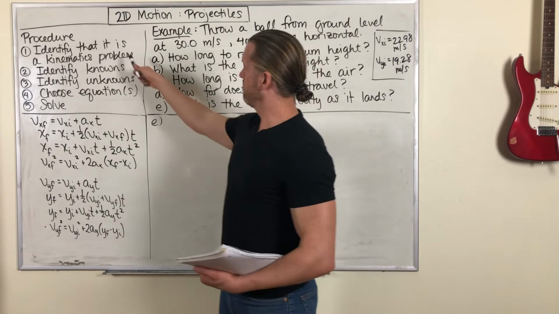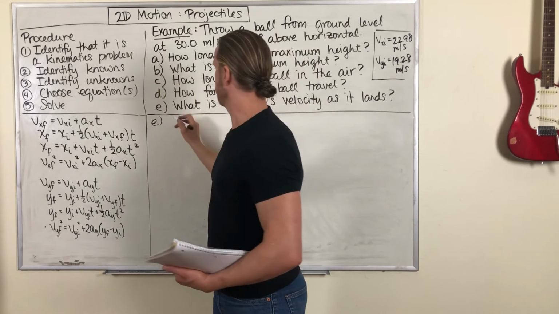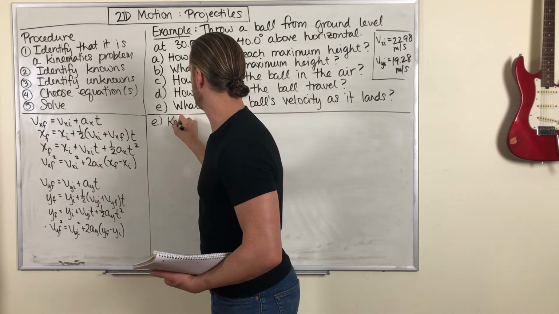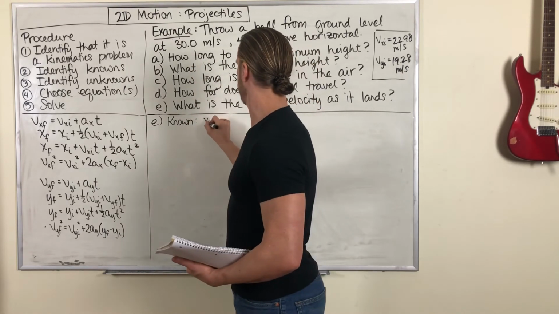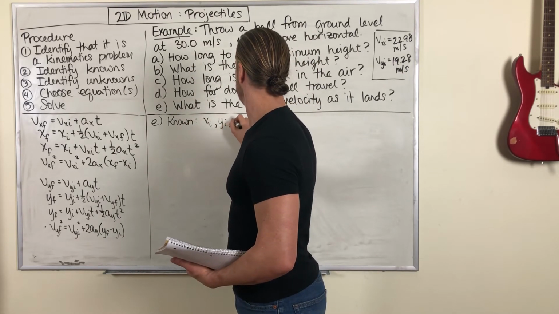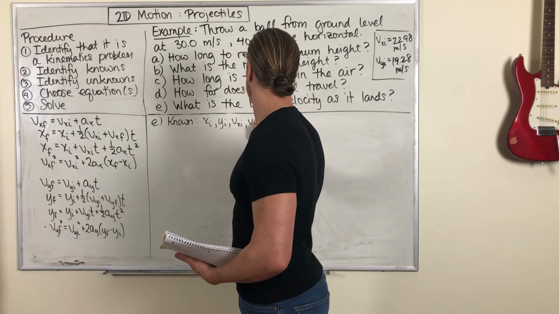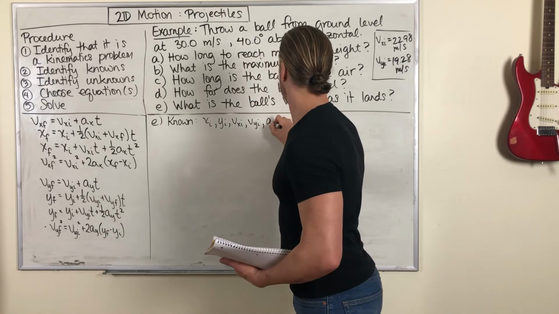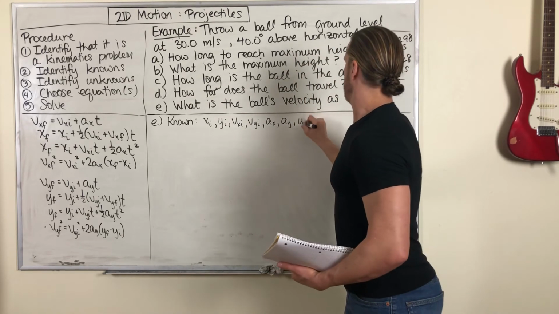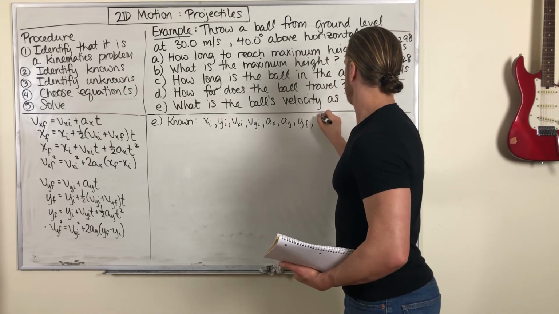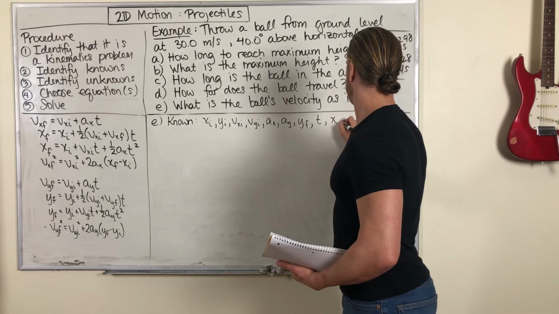Let's do it. It's kinematics. Here's what we know. Whole bunch of stuff. X initial, Y initial, Vx initial, Vy initial, Ax, Ay, Y final, T, and X final.